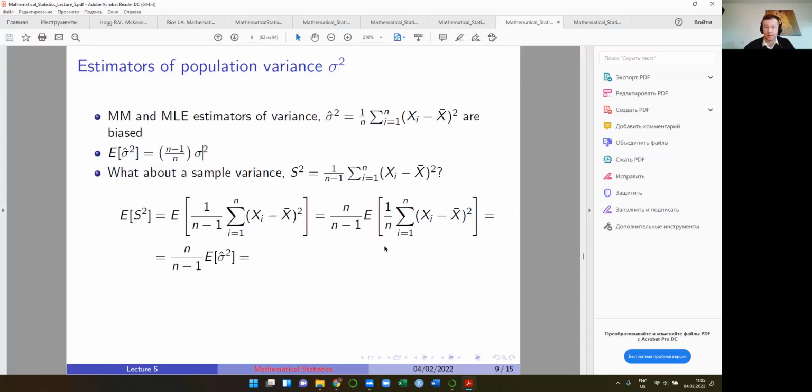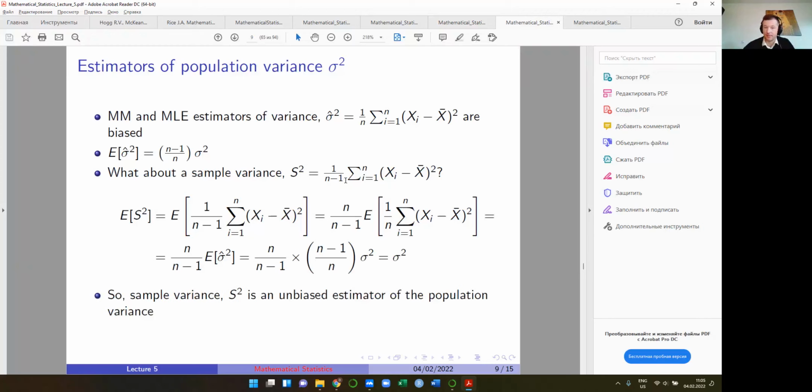I can simply rewrite it, right? So the expectation of sigma squared hat, and I know what this expectation is. And look what happens. It's sigma squared. So the sample variance, when we divide by n minus 1, is an unbiased estimator of the population variance.